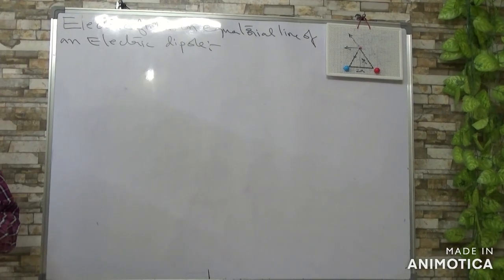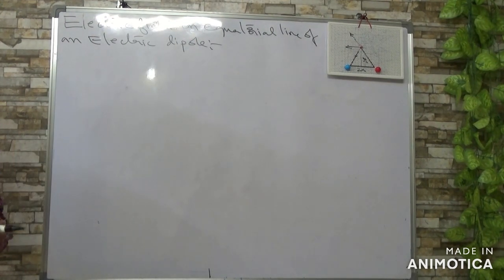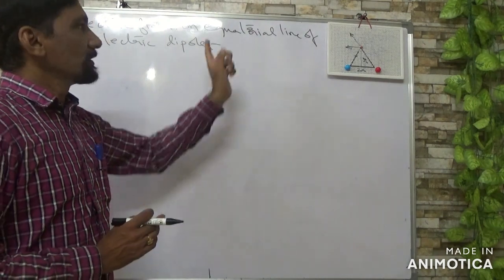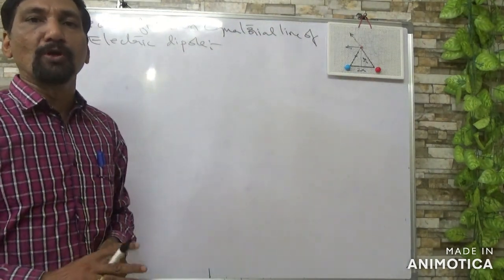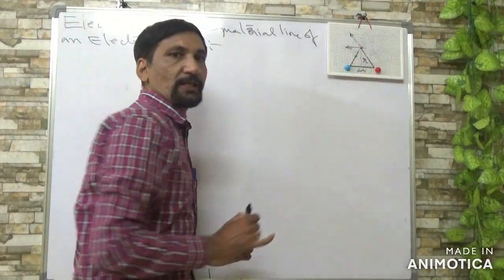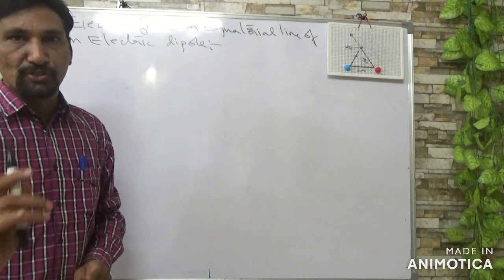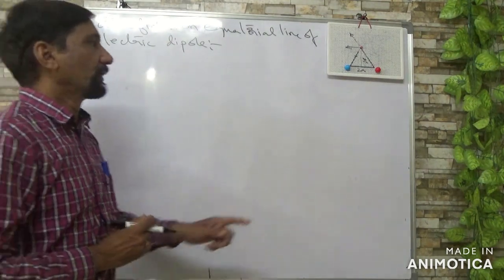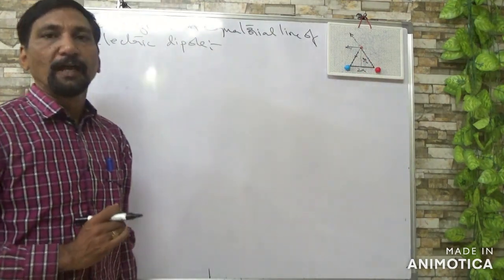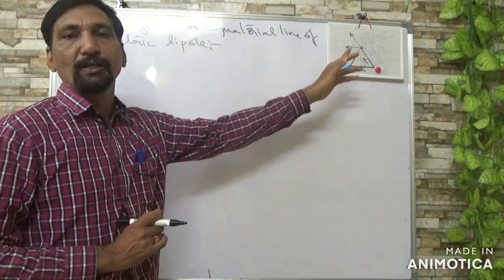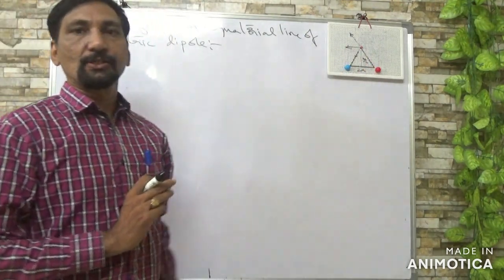Now we are going to calculate the strength of the electric field on the equatorial line of a dipole. A dipole means two opposite charges separated by a small distance. So here we have taken negative and positive charges separated by distance 2a, and the magnitude of each is q, minus q and plus q.